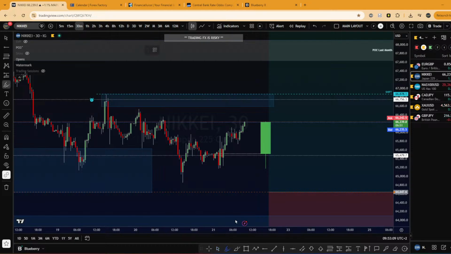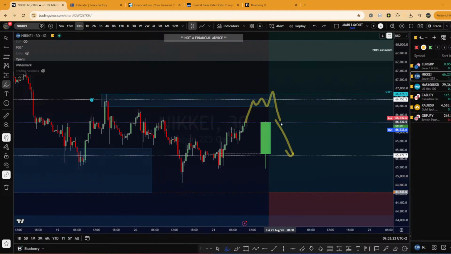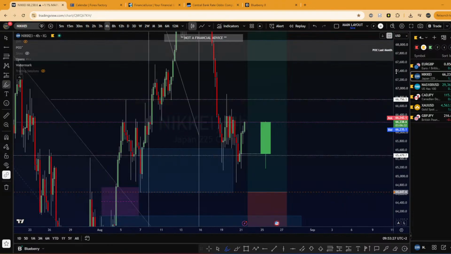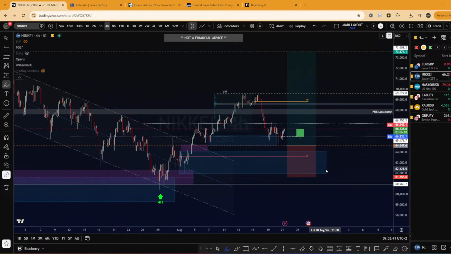Could be for a day trade. If we see some rejection, we could see another drop, maybe to target this low. But I will not necessarily try to short it, because I like to follow the higher time frame trend. So I'd rather wait for price to drop here or break this high to be able to buy it. Anyway, I find Nikkei very interesting.